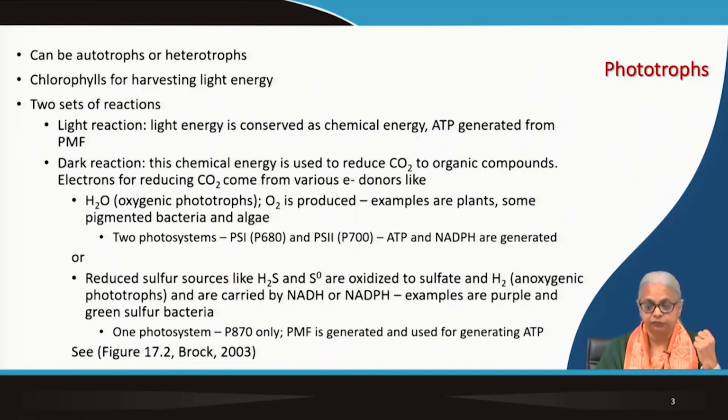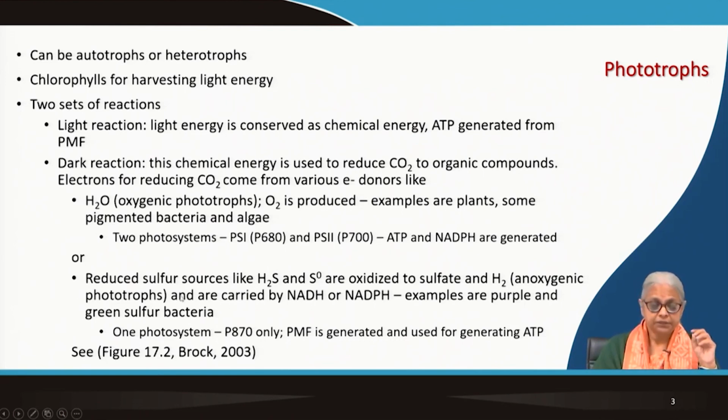So light energy in the form of these wavelengths is what is being utilized, and in the process ATP as well as reducing power are generated. And if you remember again back from aerobic respiration, reducing power can be used to generate ATP. So that remains the same thing.